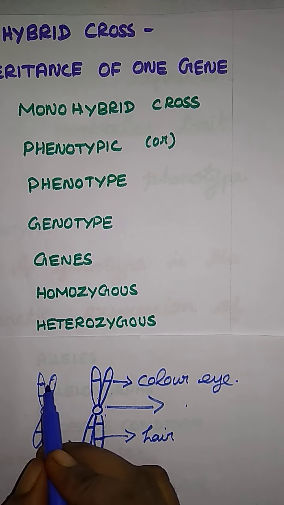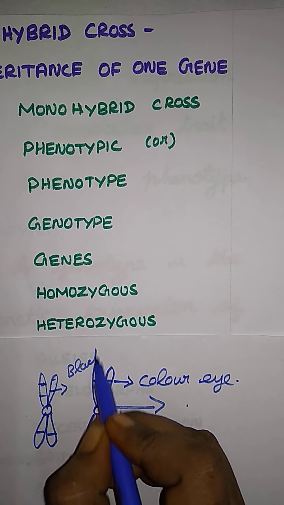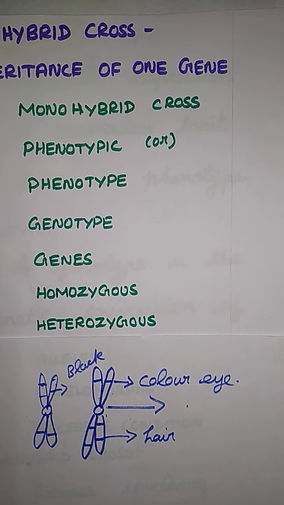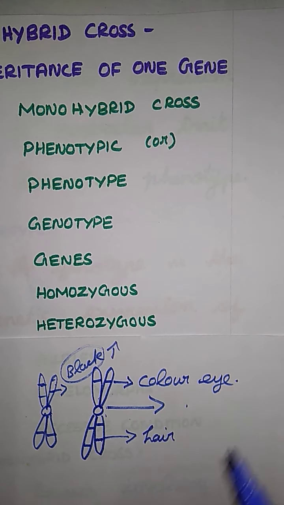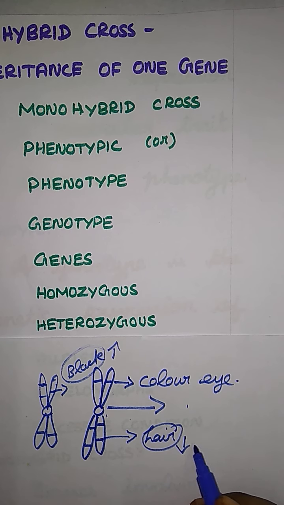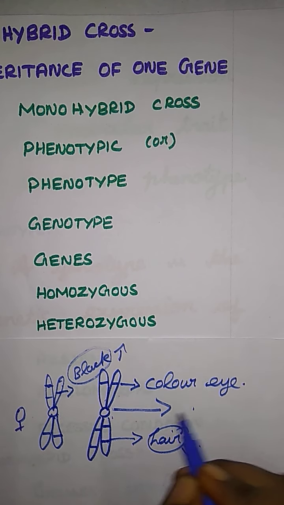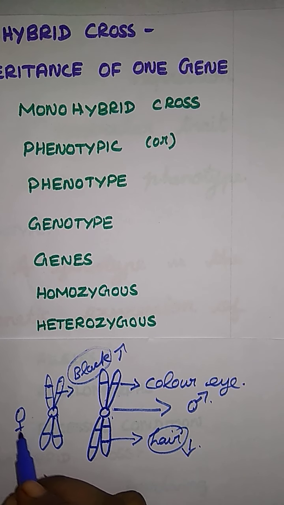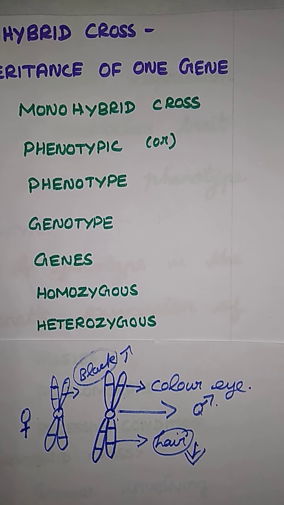So here one has black hair, and the other has gray hair. Just imagine, this is the dominant character and this is the recessive character. So what will happen? For example, this is the female and this is the male. The female is dominant, the male is recessive. So the hair color character is suppressed.